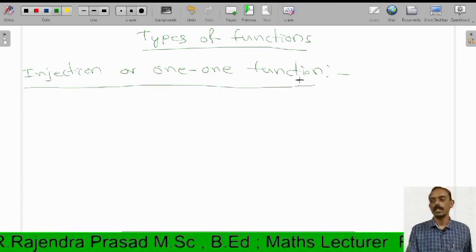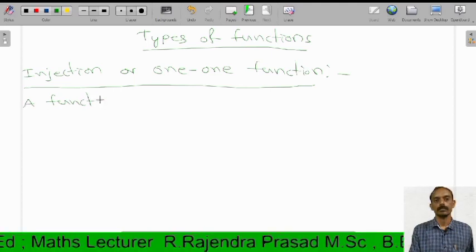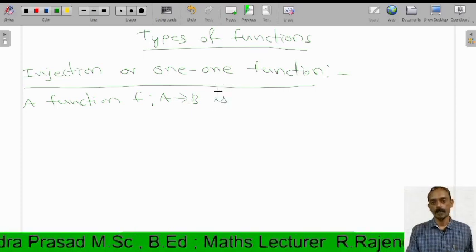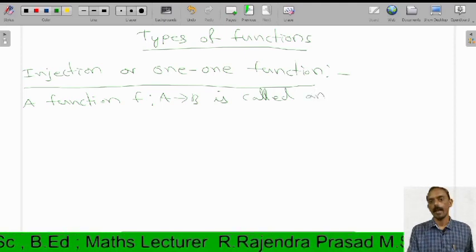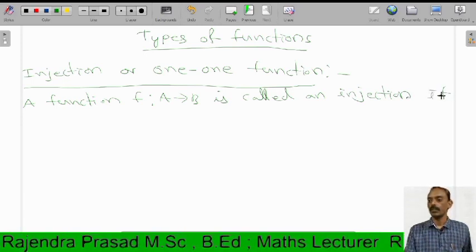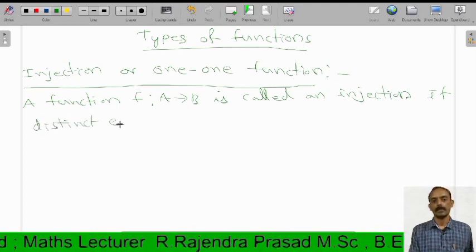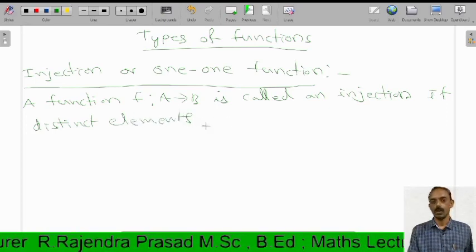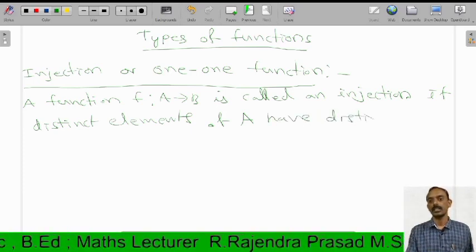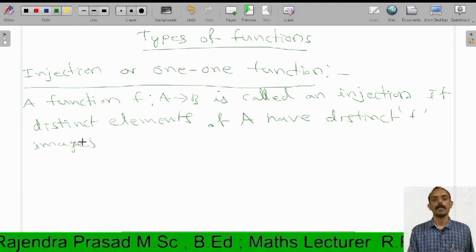A function f: A to B is called an injection if distinct elements of A have distinct f images in B.